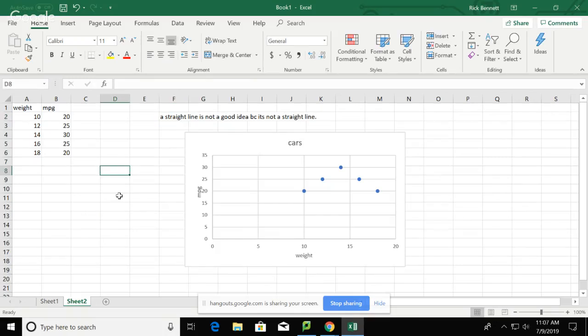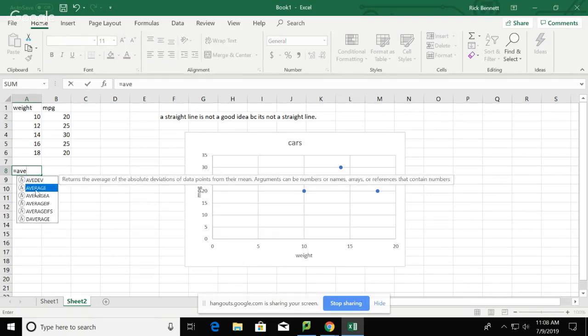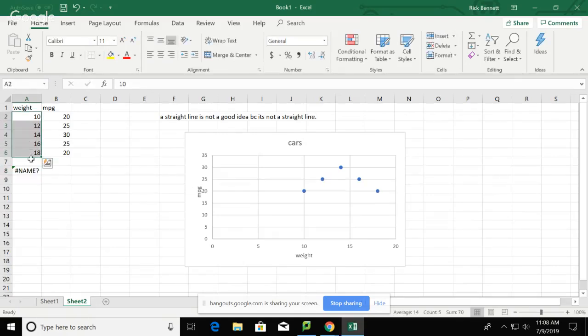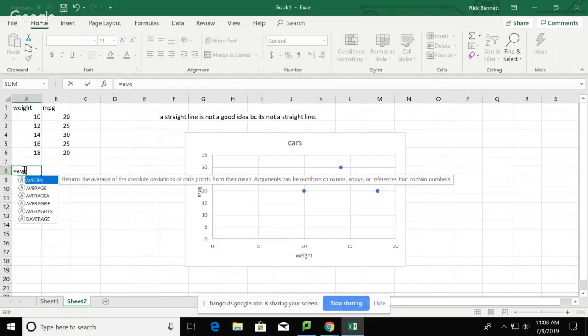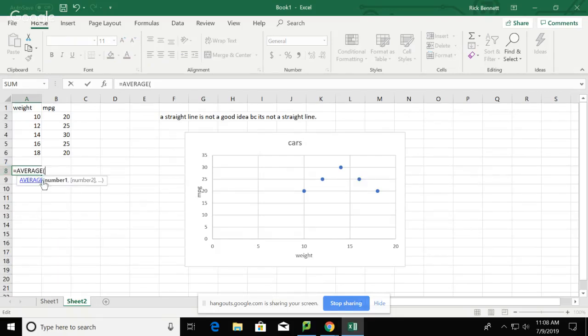Okay. All right, now, the first step of your correlation coefficient is? Finding the mean. Equals, average. Just press enter.